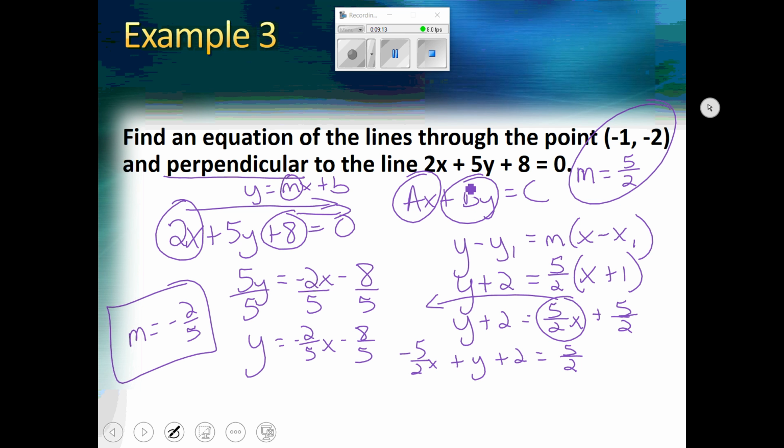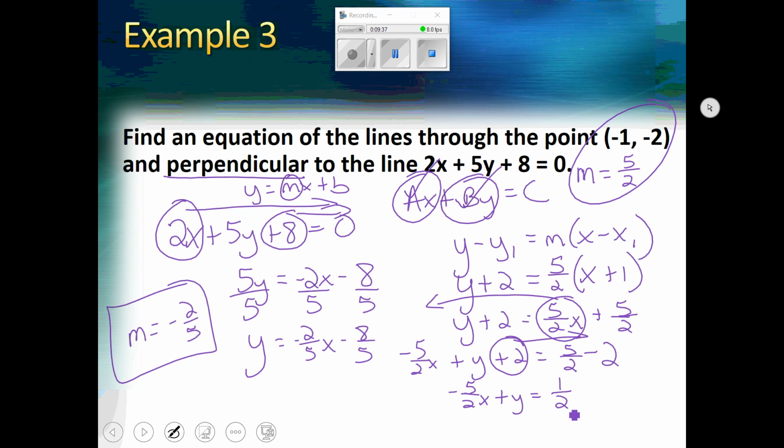Are our b's next? Yes, y is next. Then we have equals, and then all my numbers, so I need to move this 2 over to this other side. So negative 5/2 x plus y equals, I believe this is going to be 1/2. Okay, so can't have this negative in the very front.